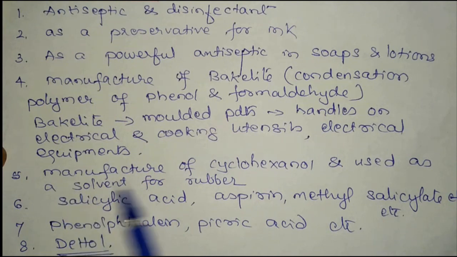Then it is used in the manufacture of cyclohexanol, and as a solvent for rubber. It is used in the manufacture of salicylic acid, aspirin, methyl salicylate, etc. It is also used in the preparation of phenolphthalein, picric acid, and even in the preparation of Dettol. This is about the chapter phenol.